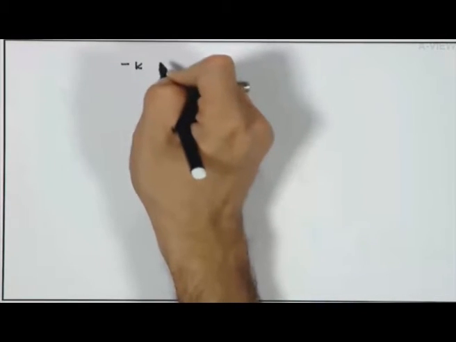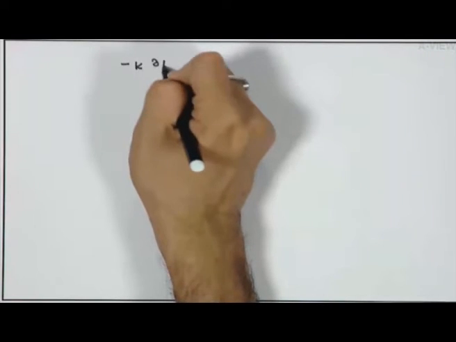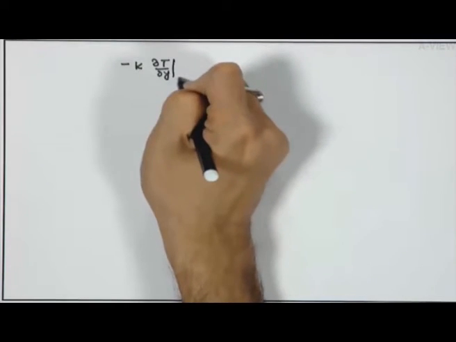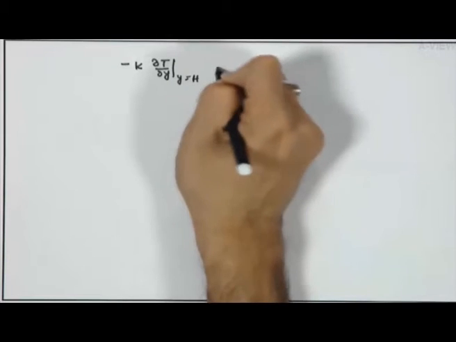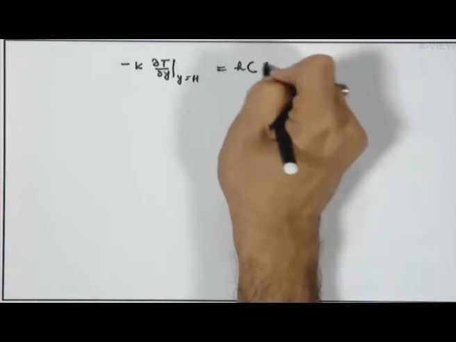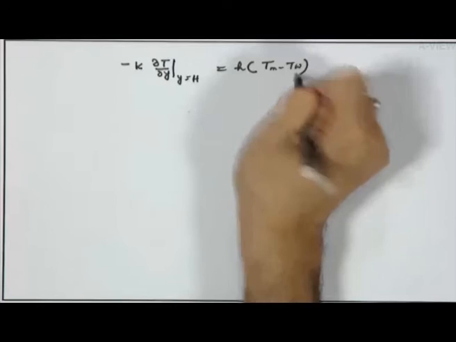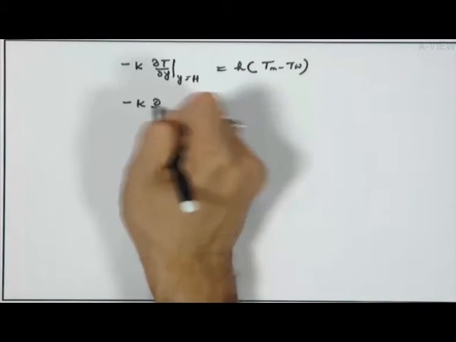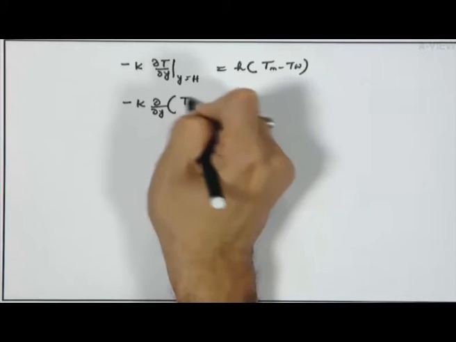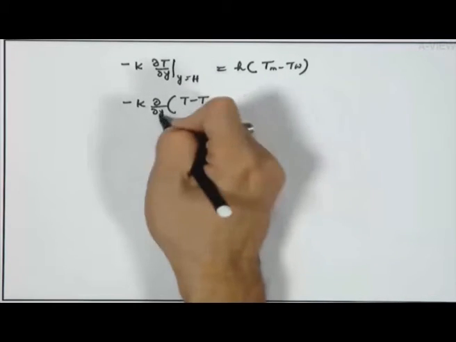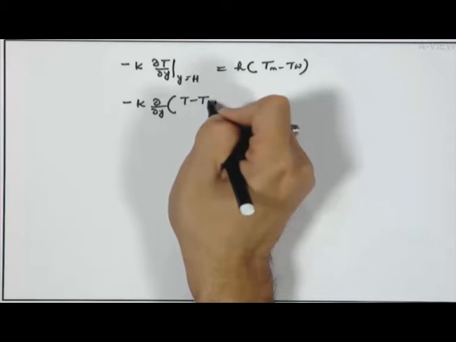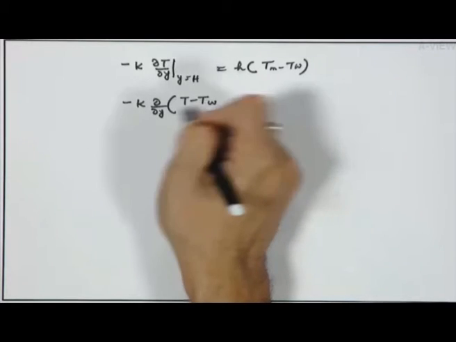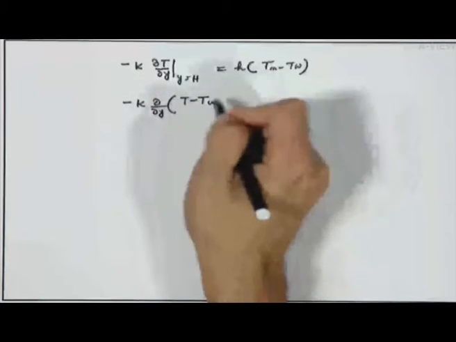Now, let us write the energy balance at the wall again. So, you write minus k del T del y at y equal to h is equal to h into Tm minus T wall. So, you can write minus k del y of T minus T wall. You can put T wall within y derivative because T wall is not a function of y. With respect to y, it is like a constant. T wall is a function of x only because wall direction is x direction.